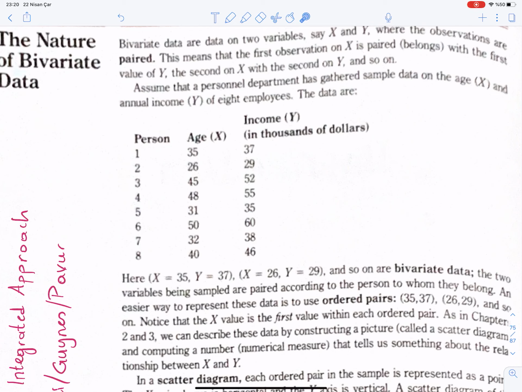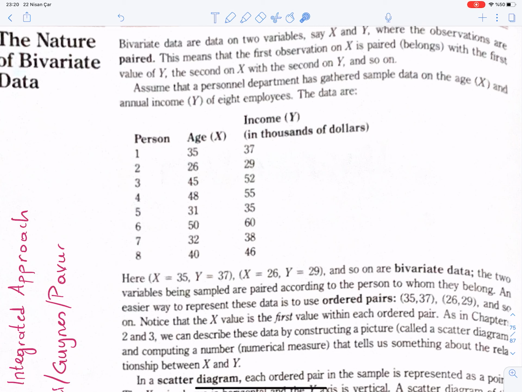The person whose age is 35 has an income of $37,000 a year, whereas a person whose age is 50 tends to earn $60,000 a year.